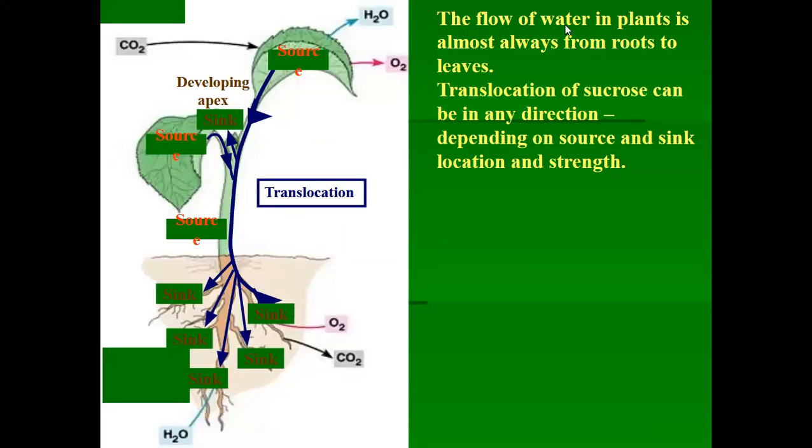The flow of water in plants is almost always from the root to leaves, but translocation of sugar can be in any direction depending on the source and sink location and strength. See children, these are the photosynthetic factories.